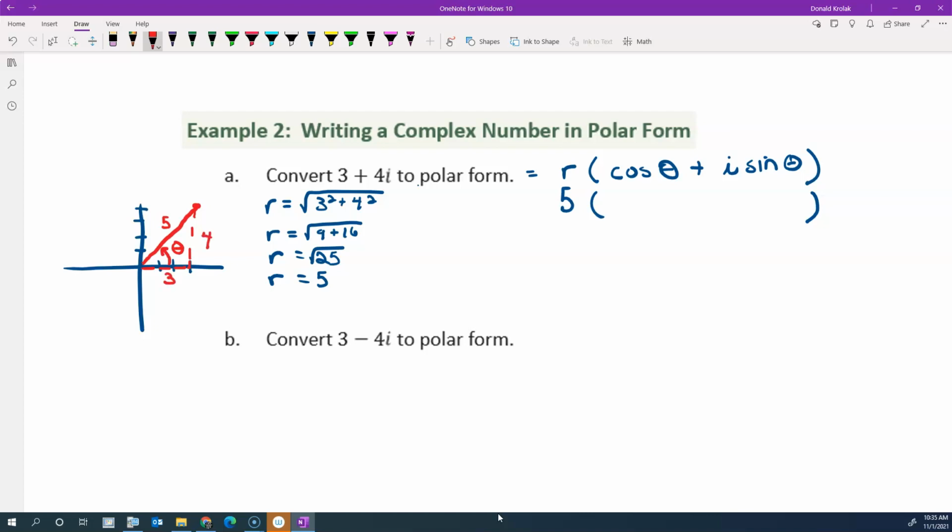So you use the inverse of the tangent to get the argument. My argument, or theta, is going to be the arctan of your y coordinate over your x coordinate.